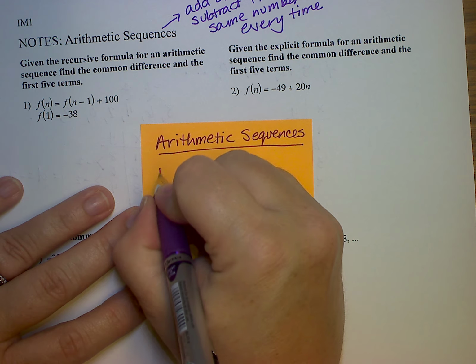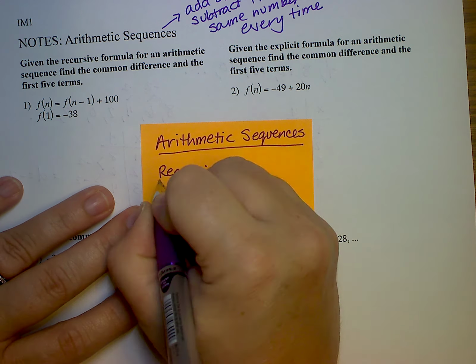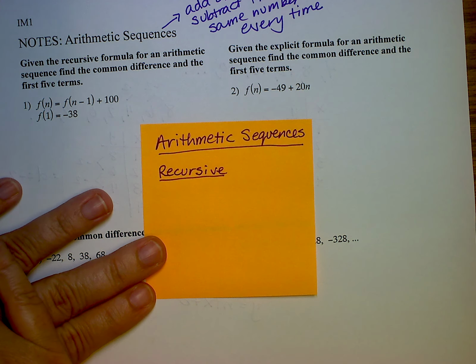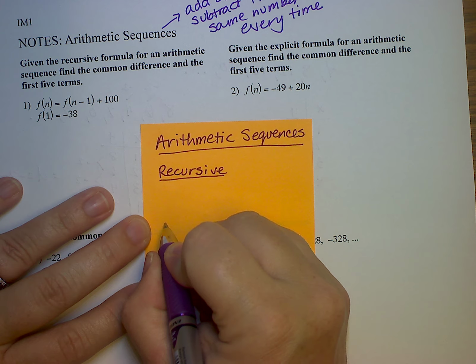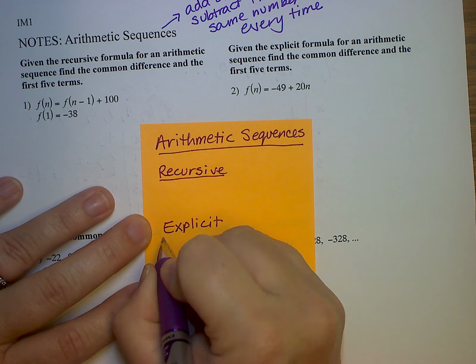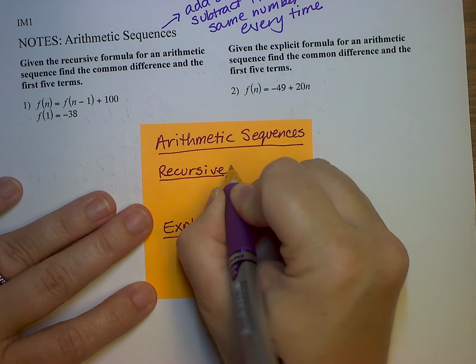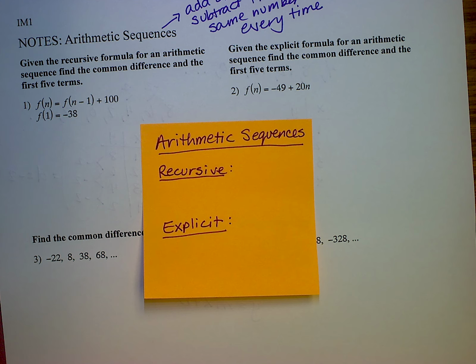We learned a recursive, right? We also learned an explicit. And for our recursive one, we said like now equals the previous plus something, or now equals the previous times something. Well, we actually want to put it in formal math notation now.